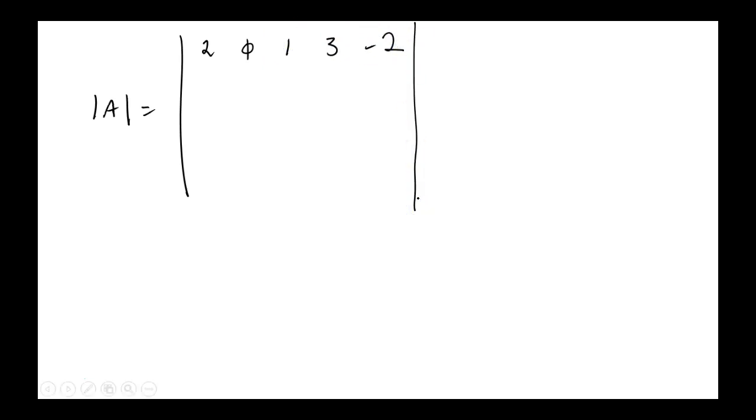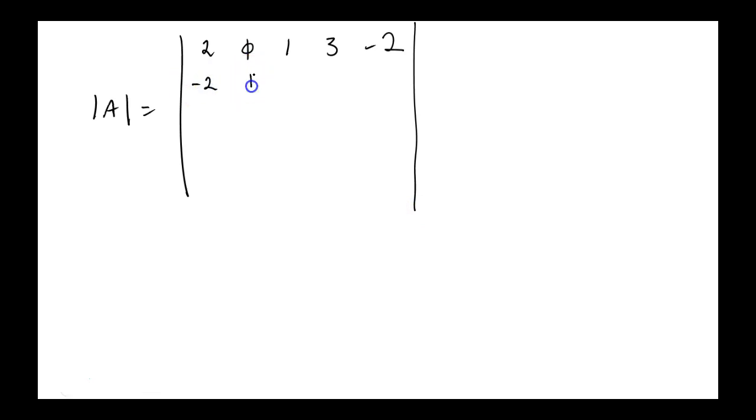So, the determinant of A, where A is the matrix defined by this. Here we have 2, 0, 1, 3, negative 2. It should be a 5 by 5. If it's not a square matrix, you can't do a determinant.